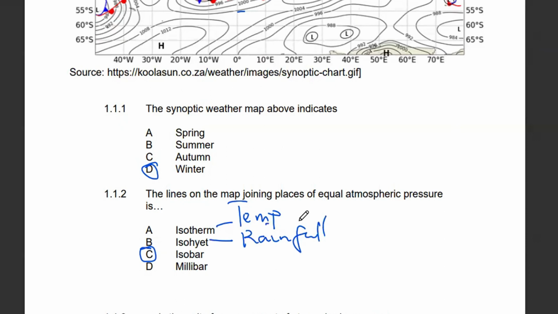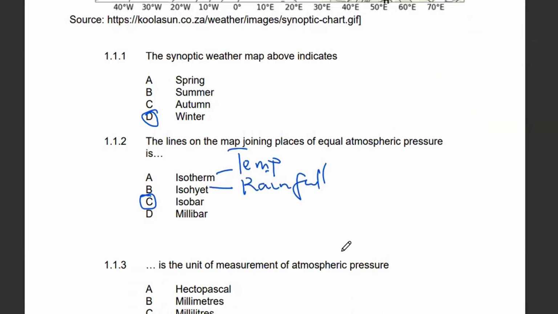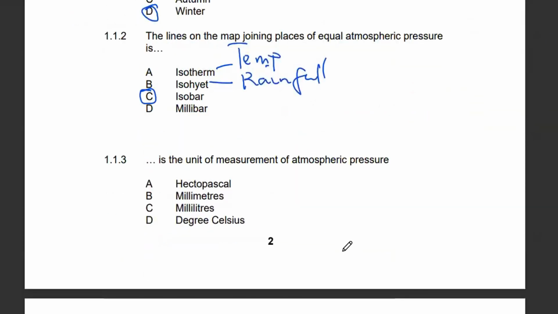Then the millibars are a unit of measurement of atmospheric pressure, or in other maps, we use the hectopascal. The unit of measurement of atmospheric pressure is the hectopascal, the HPA.